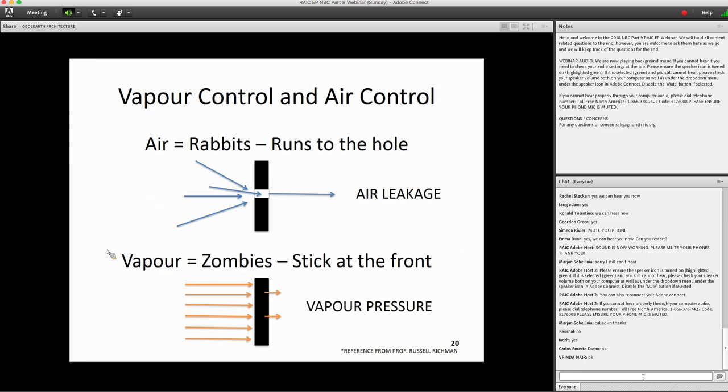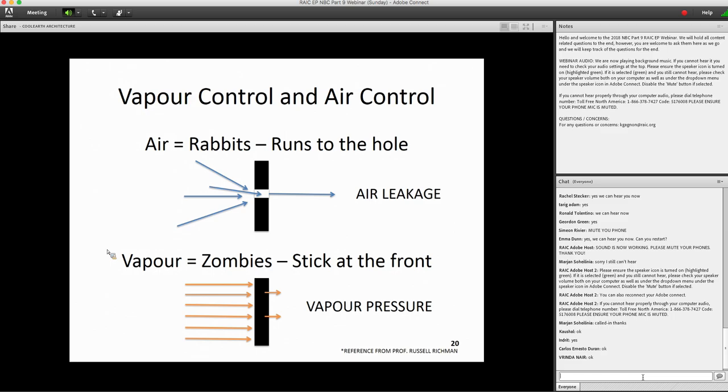Usually houses are pressurized with the HVAC system, so it will find a way and get out of the house. Getting out of the house means that air goes through the assembly as well, from a higher temperature to a lower temperature. And we're going to see how the building code addresses that.